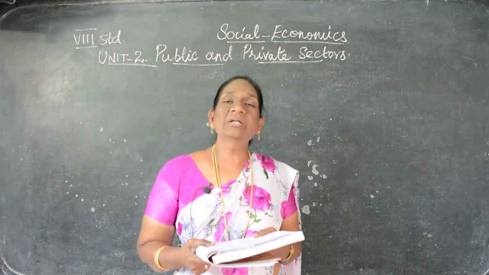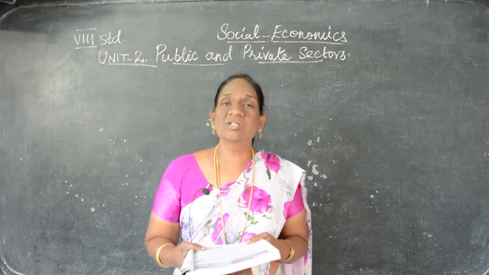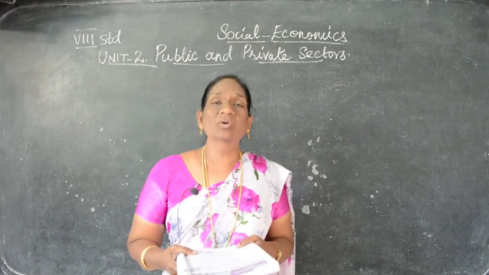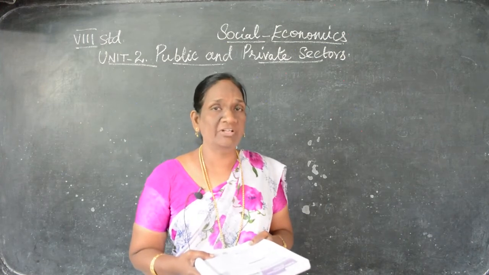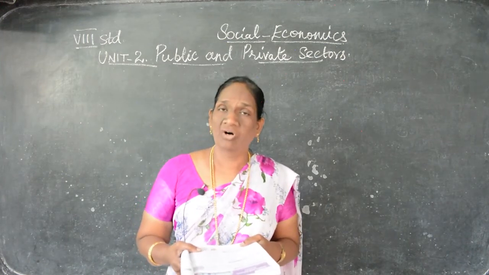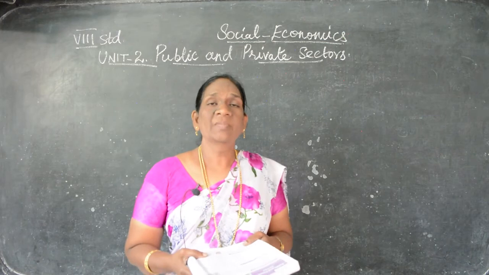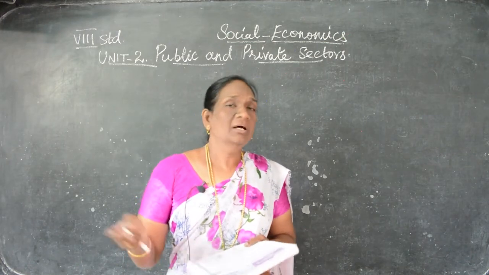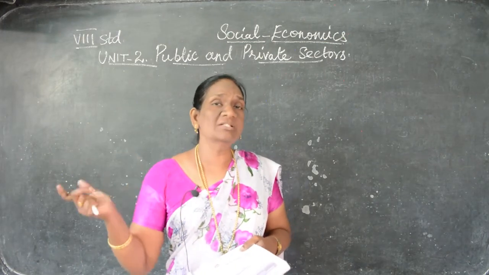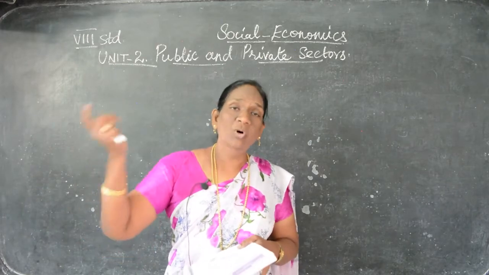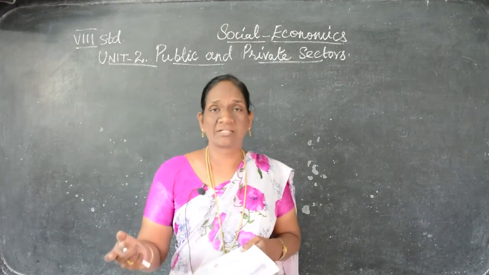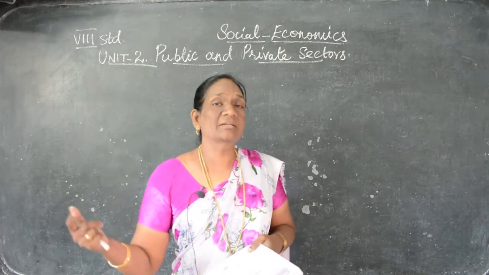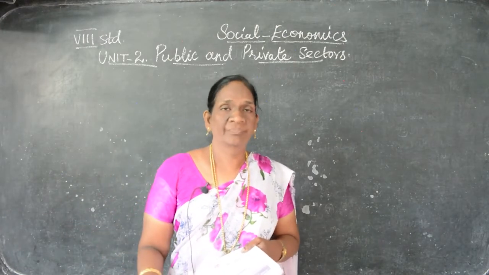Then the government started many industries, and it also allowed private enterprises and private organizations to form and adopt some industries. Understand? Afterwards, some years passed, and both public and private concerns joined together and started the mixed economy.